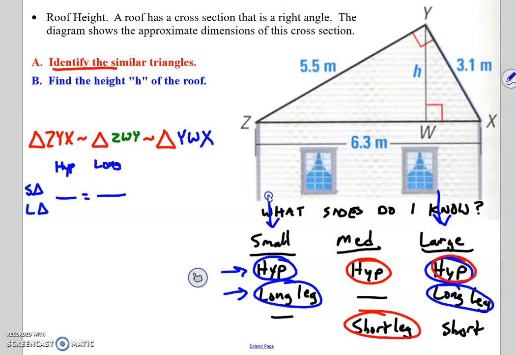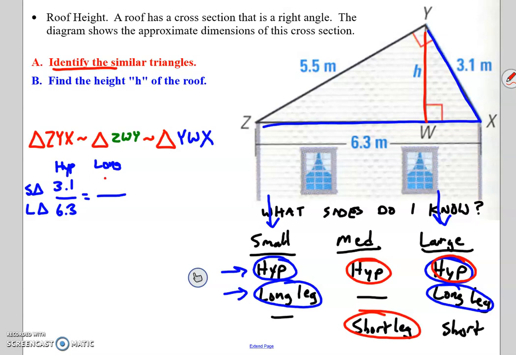If I look at the small triangle hypotenuse, that would be this distance, YX, so I can fill in my 3.1. I don't have a whole lot of room, so I'm not going to put the meters in there. Typically you would. I'm going to look at the large triangle hypotenuse, and that's the entire bottom side, which is 6.3. Then I'd look at the small triangle long leg, which is YW.